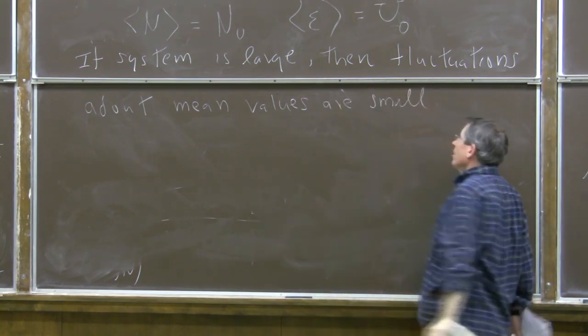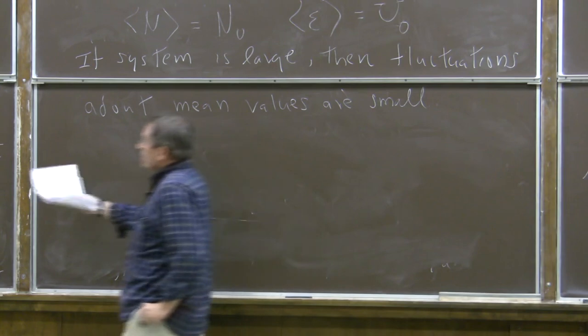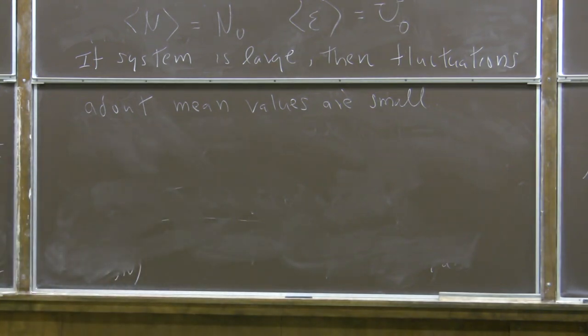Well, the typical fluctuations about the mean particle number actually go like the square root of n0, but it's a small fractional fluctuation. Similarly for the energy. So when we have a large system, by putting it in contact with the reservoir with some temperature and chemical potential, in effect we're studying the system for some fixed energy and particle number, except for some small fluctuations, which become less and less important for a larger and larger system.